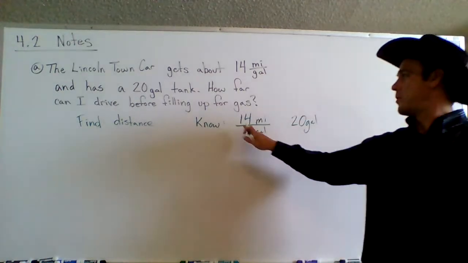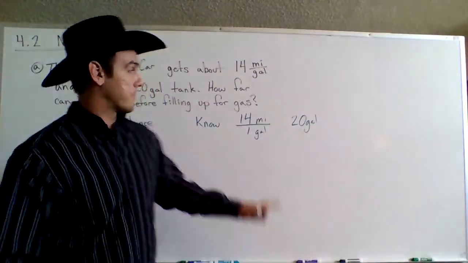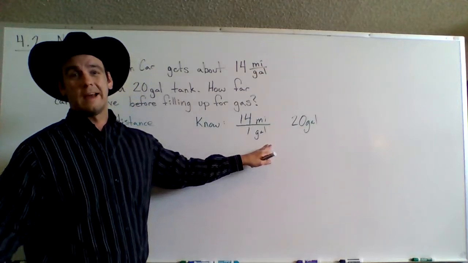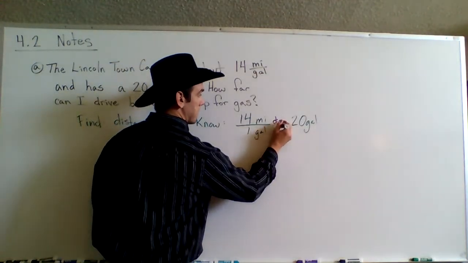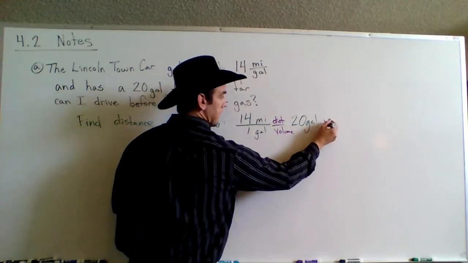Okay, so if we think about what we know and what we're trying to find, well, I know a distance over a volume. Gallons is like a volume. So I know a distance over volume. 20 gallons is a volume.